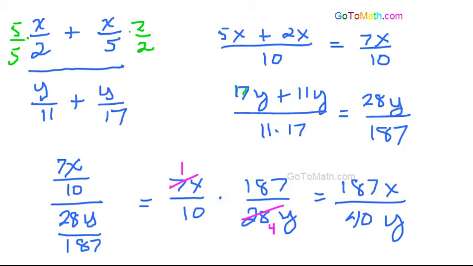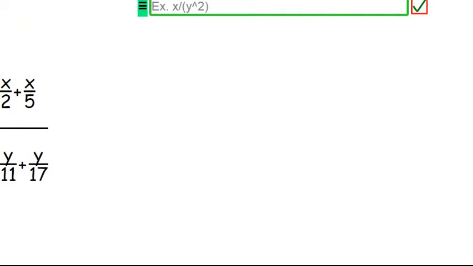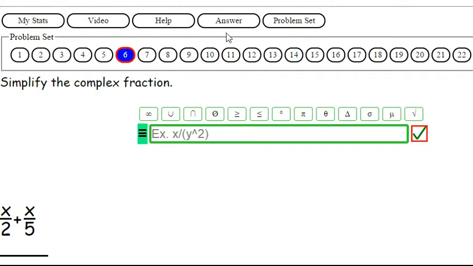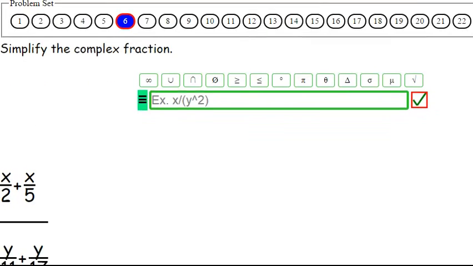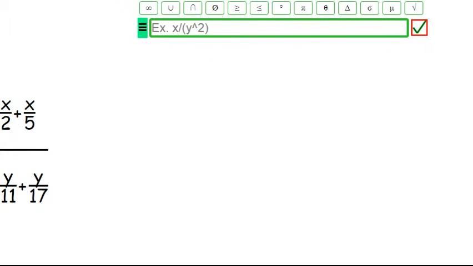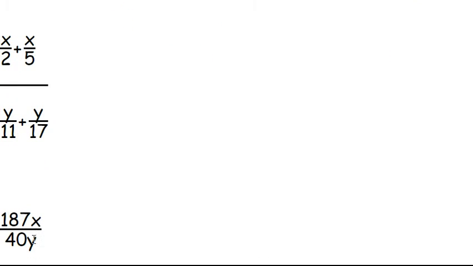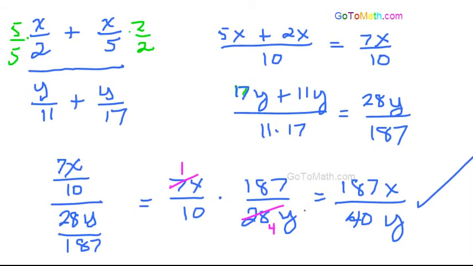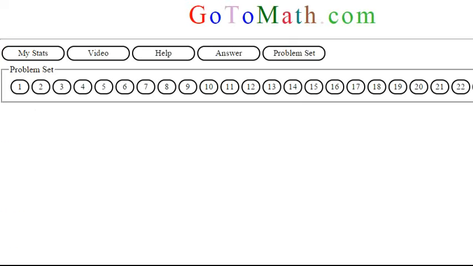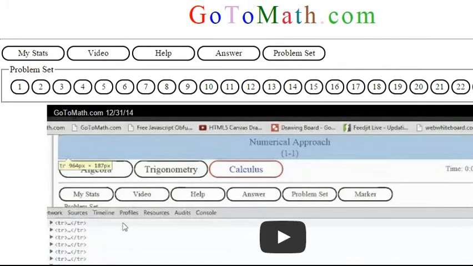And that shouldn't reduce down any at all. So there you go, 187x over 40y. That was quite a bit going on there, wasn't it? Alright, that's not where I wanted to go. Let's go back to the home page. There we are. Alright, I'll see you in the next problem.